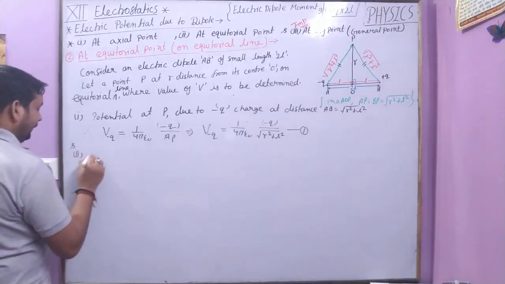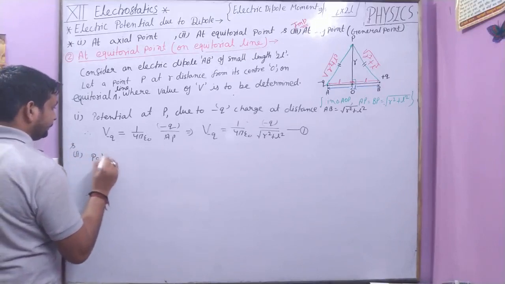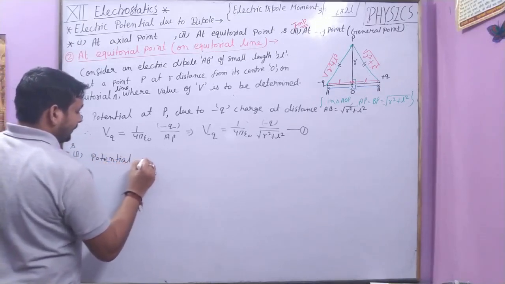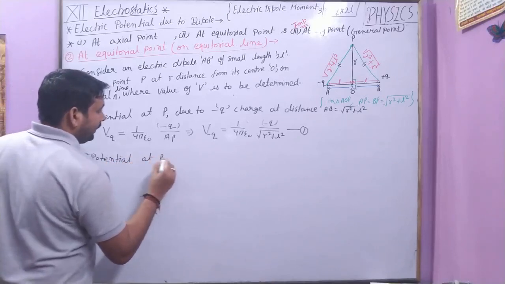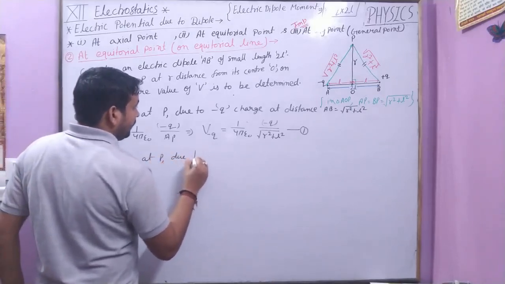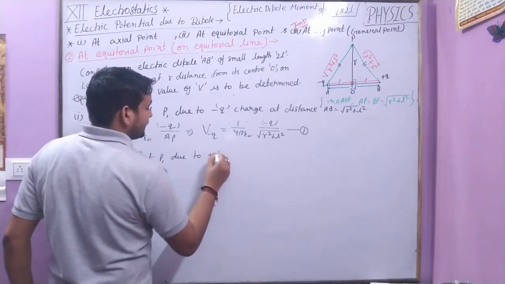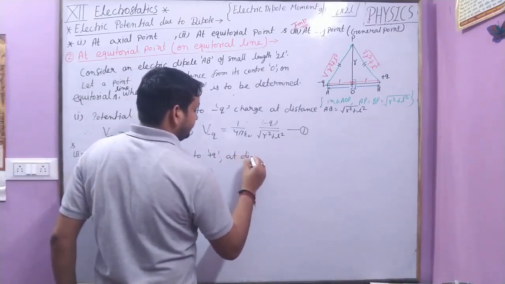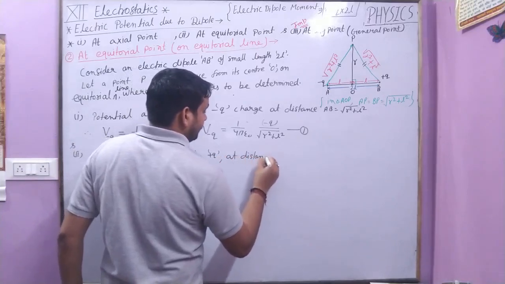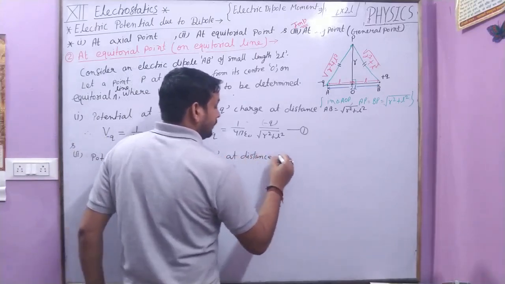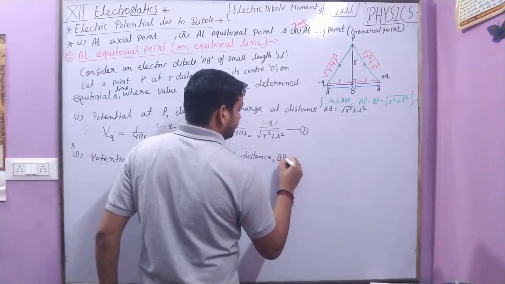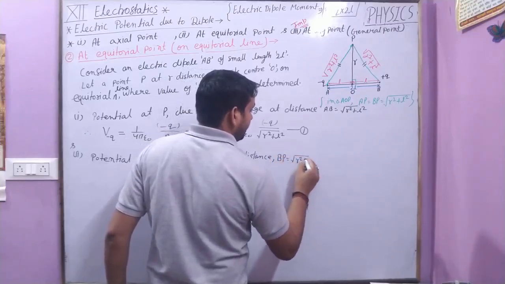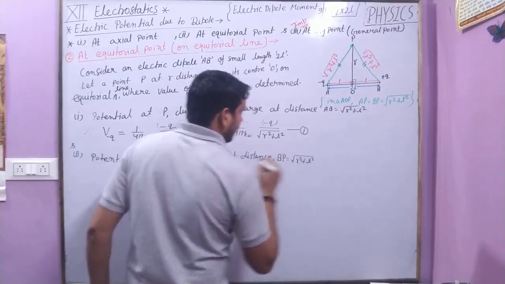And for the second, the potential at P due to plus Q at distance BP equal to under root r square plus L square.